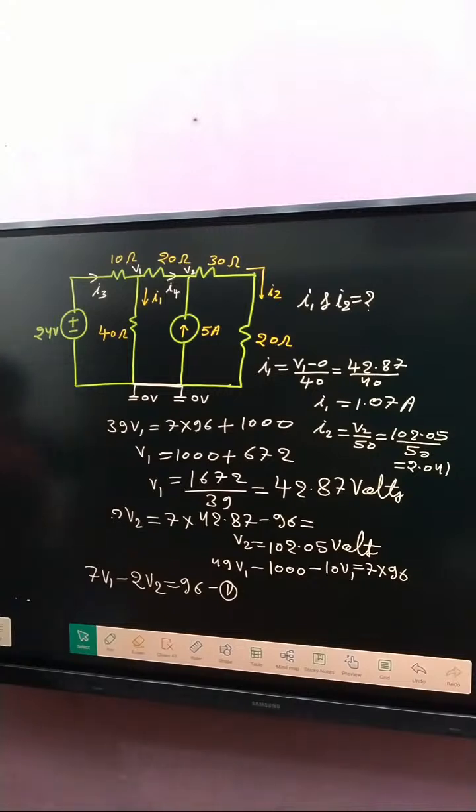So I1 is 1.07, I2 is 2.041. So I1 clear? I hope so clear. Now I will take another problem.